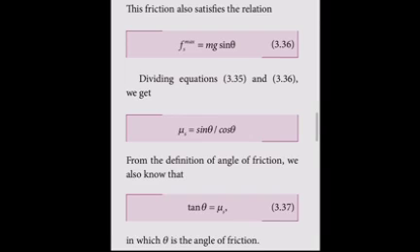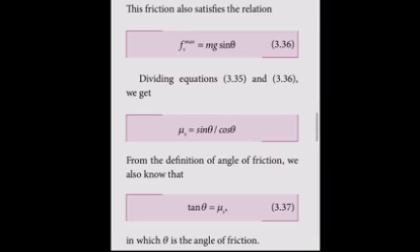Dividing these two, the common terms mg cancel, and I get sin theta by cos theta. Since sin theta by cos theta is tan theta, tan theta will be equal to mu of s.